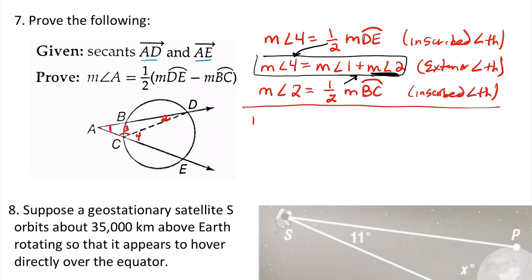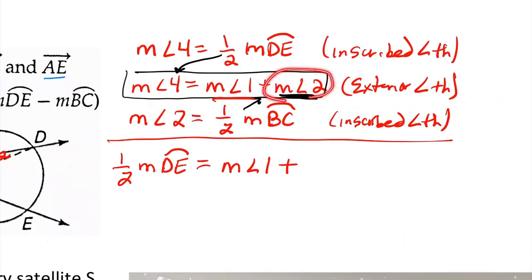So we would have 1/2 the measure of DE. Again, if you're wondering where that came from, I'm taking this equation and substituting out the measure of angle 4 for what it equals, half the measure of arc DE. Measure of angle 1 stays the same. And we said the measure of angle 2 is 1/2 the measure of arc BC.